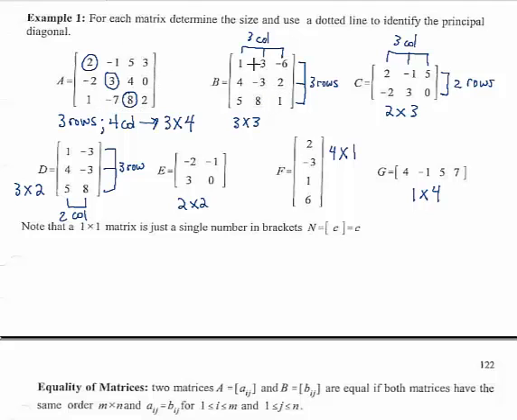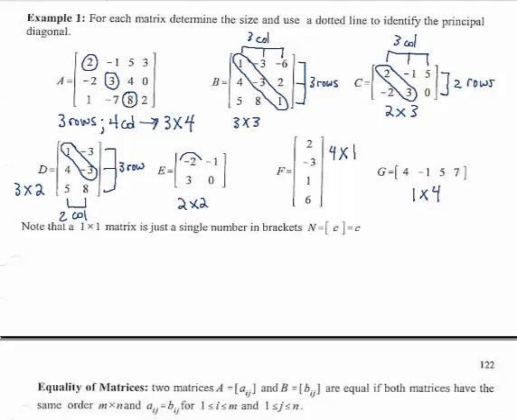For B, it's a 3 by 3, so we'll go from one corner to the other. There's our principal diagonal, 1, -3, and 1. C, we only have 2 numbers in the principal diagonal, 2 and 3. D, 1 and 3.